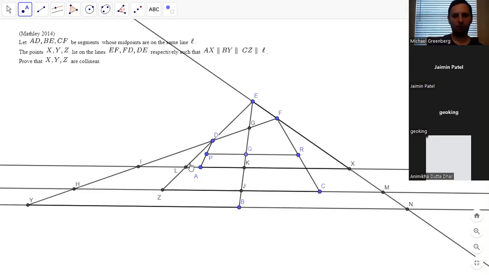So IL, yeah, IL over IX is HZ over HM. Yeah, this is tricky.